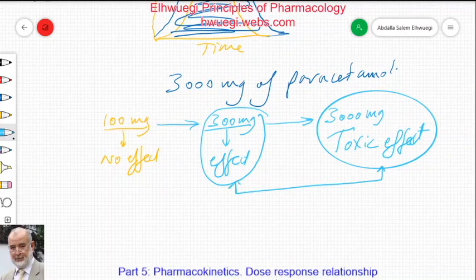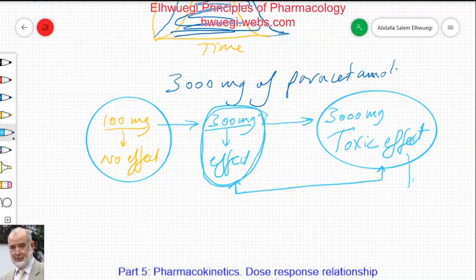In low dose, the drug produces no action. By increasing the dose, a certain dose can produce therapeutic effect. If I continue increasing the dose, we reach a dose that can produce toxic effect. Okay, the first dose that can produce toxic effect, is known as toxic dose.